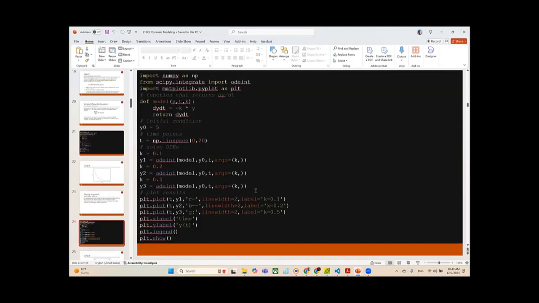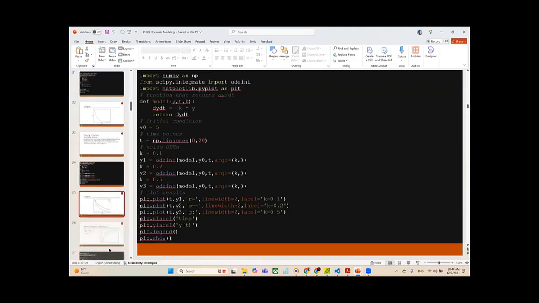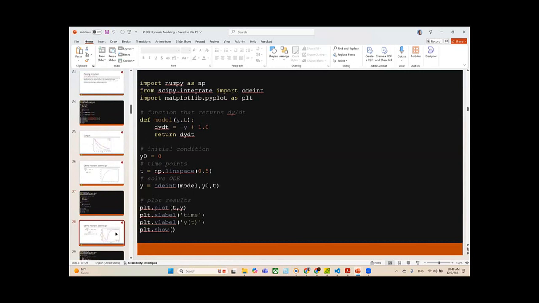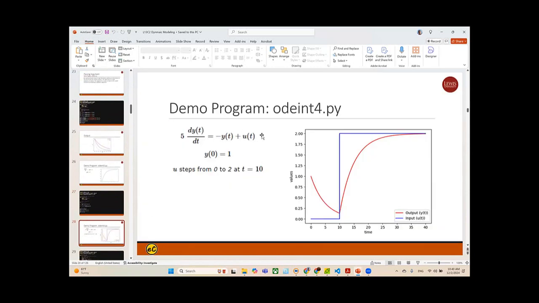Okay, so we go to several different simulations. Here is another integration. Basically you have to be able to model your system into a differential equation before you can solve it.